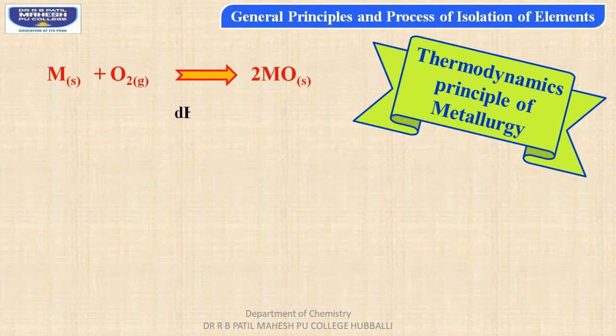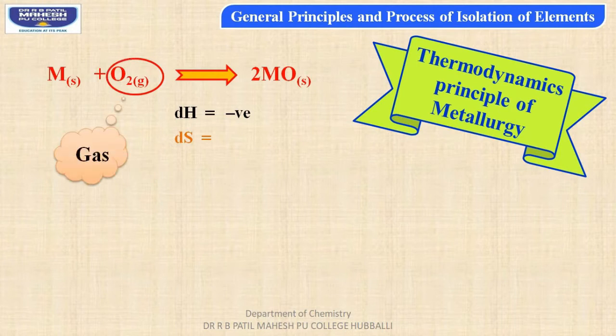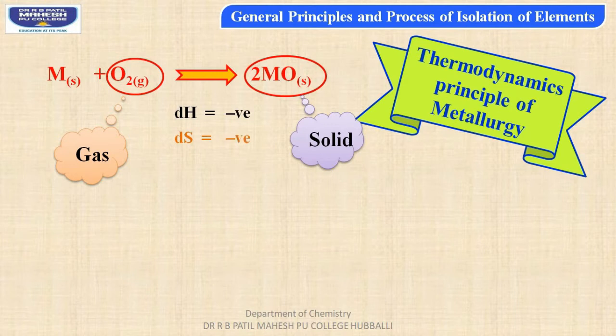Thus, we can write change in enthalpy, that is delta H, would be negative, whereas change in entropy is also negative, because on the reactant side students, oxygen is present in the gaseous state, whereas on the product side we are having metallic oxide which is present in the solid state. So change in entropy decreases, that is the value is negative.